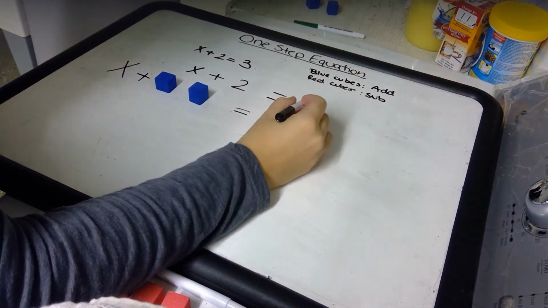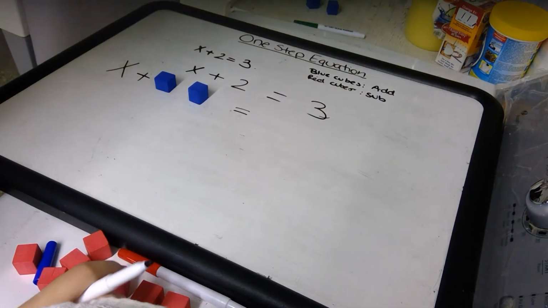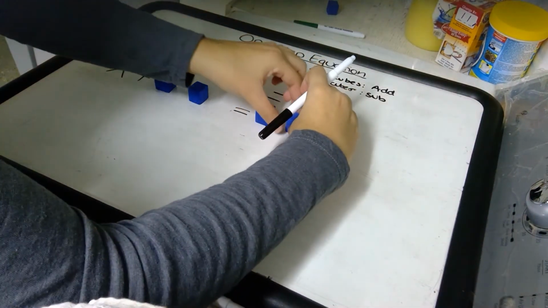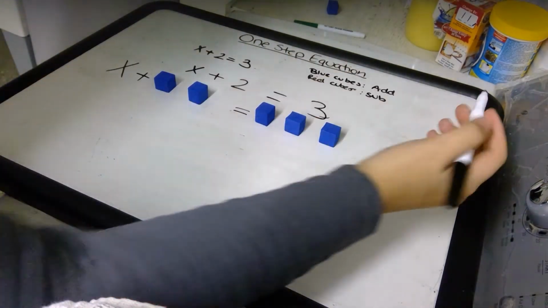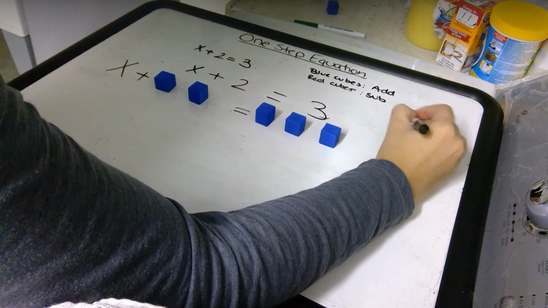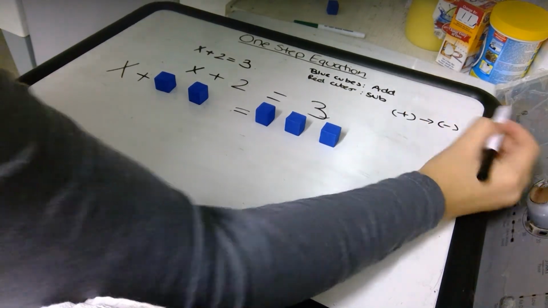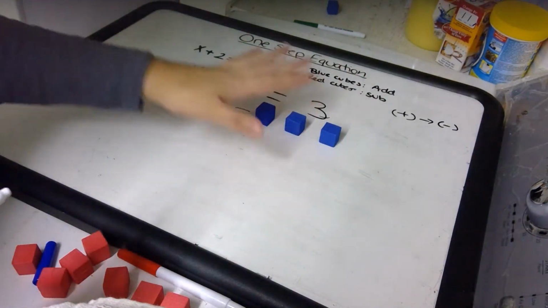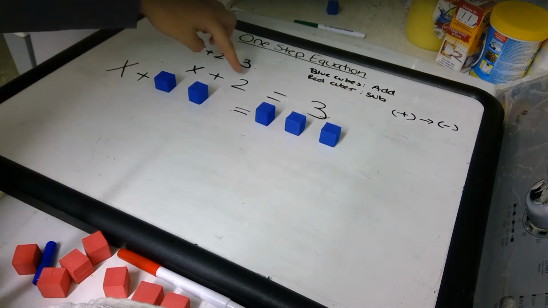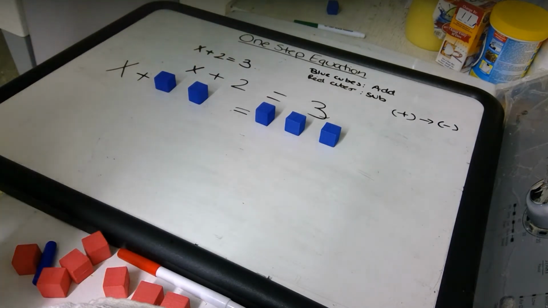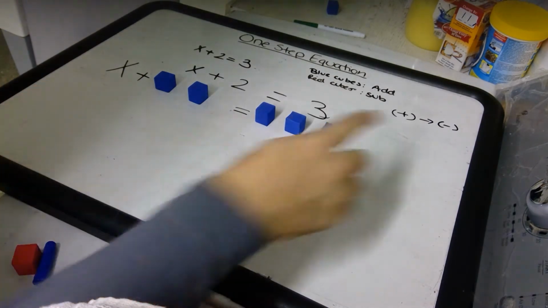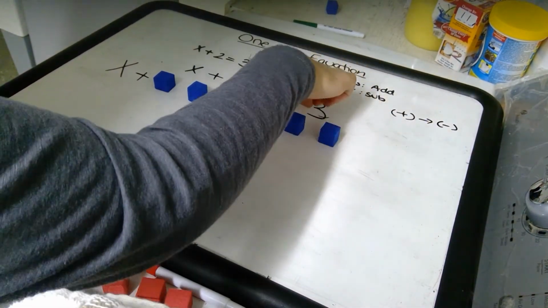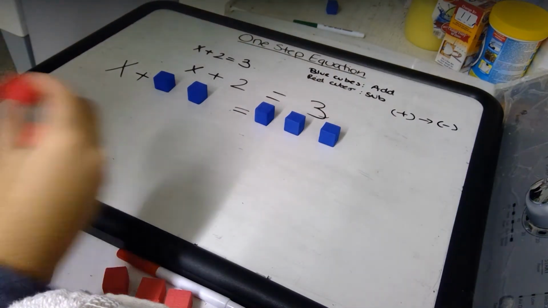Since this 3 is positive, we're going to use the 3 cubes here. Now remember the rule. Whenever we have addition, we have to do subtraction. In this case, we have addition, right? So the x and 2 are being added. So we have to do the opposite operation, which is subtraction, right? And I said that the red cubes are subtraction. So we're going to use the red cubes.